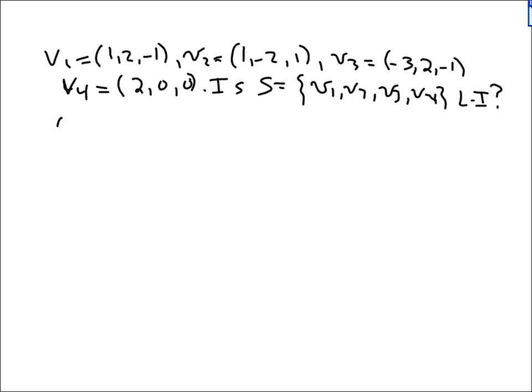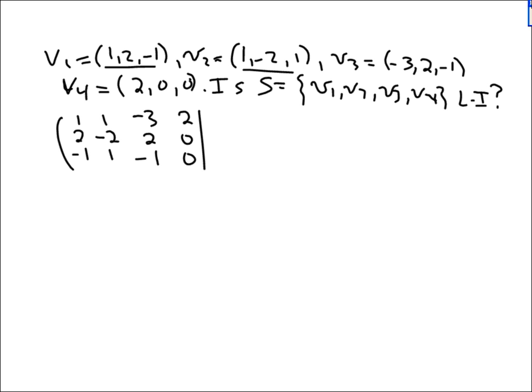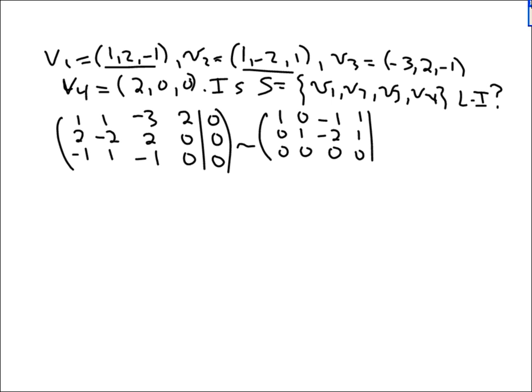Well, we wanted to figure this out. You write the first vector this way. The second vector becomes the second column. The third vector becomes the third column. Fourth vector, the fourth column. We'll augment it with the 0 vector. Now I worked this one out, and minus some silly error, I got it to be this: 1, 0, 0, 0, 1, 0, negative 1, negative 2, 0, and 1, 1, 0, and unquestionably correct, all zeros.